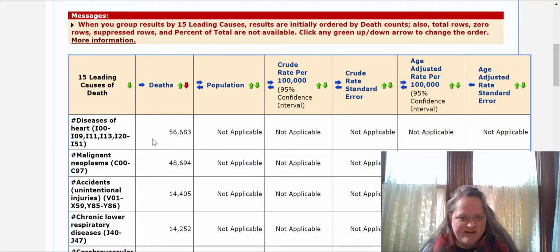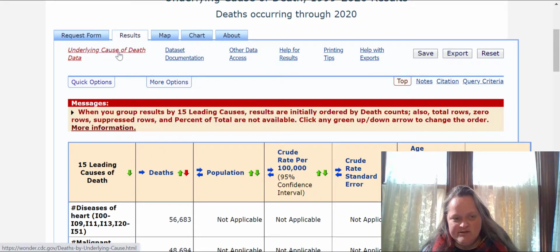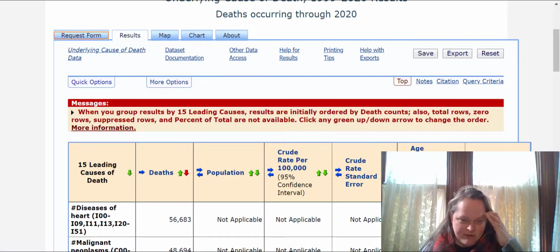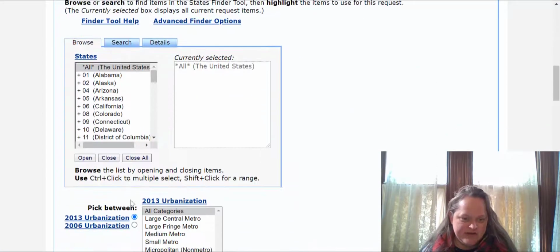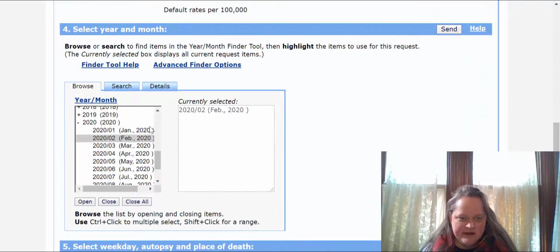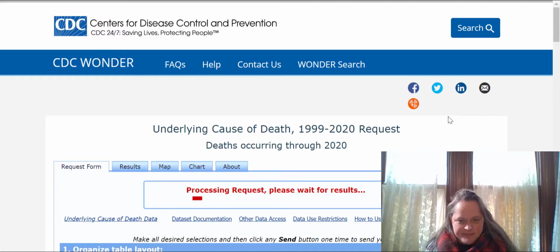So this is actually a pretty standard ranking list, especially in the winter. If you checked it against, say, February 2019, you would see a similar list. But if I go back to my request form and switch it from February 2020 to, say, April 2020, let's see, COVID should pop.